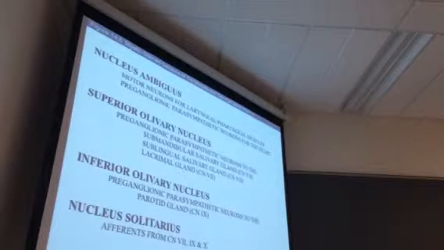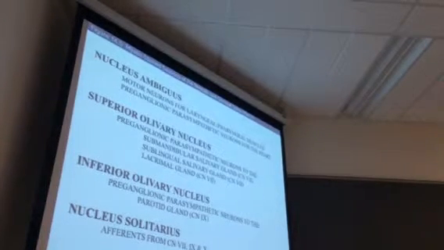I think all of these were marked on the medial sections we looked at of the brain, looking at cranial nerves, so that you could say, oh, look at this, they extend for this distance, etc.